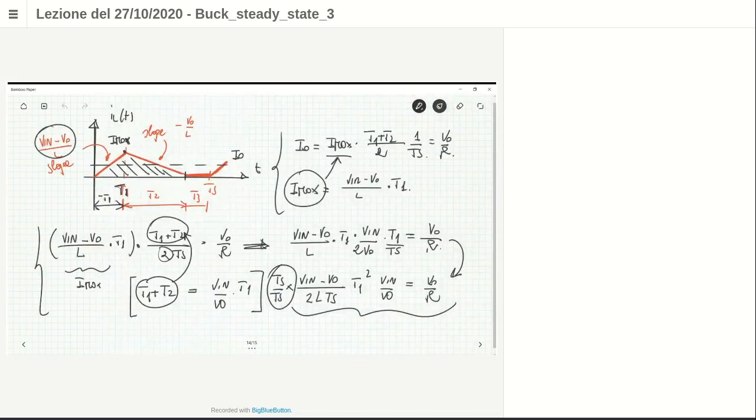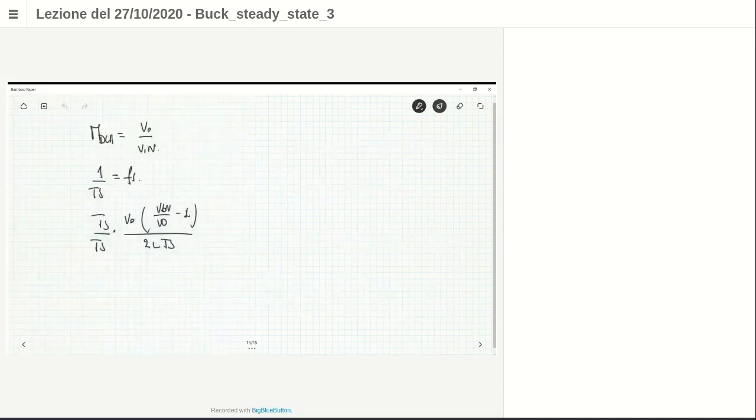I just extract V naught from this here, T1 square, and then I have V in over V naught, but V in over V naught is 1 over M DCM. V naught over R. V naught over R means that I can put V naught and V naught here, okay? Then I can have Ts and Ts can be eliminated.